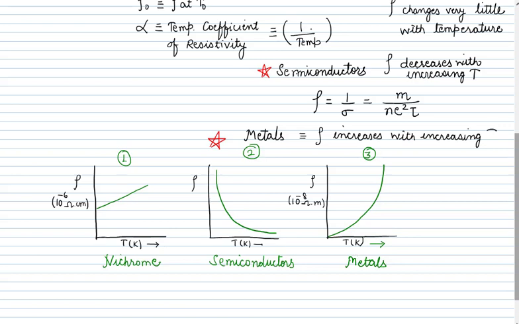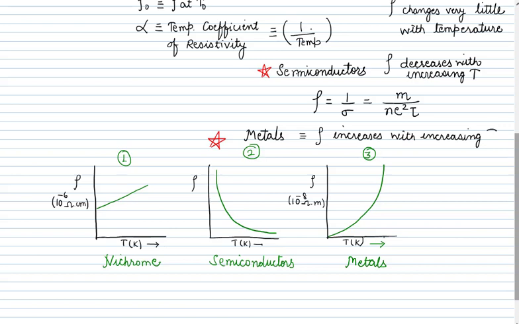What happens in metals is that you already have a large number of free electrons there. So whenever you increase the temperature, it does not show any corresponding increase in collisions. And it is also practically observed that the resistivity increases with increasing temperature. So if it is almost constant, it is nichrome. If it is decreasing, it shows the characteristic of a semiconductor.